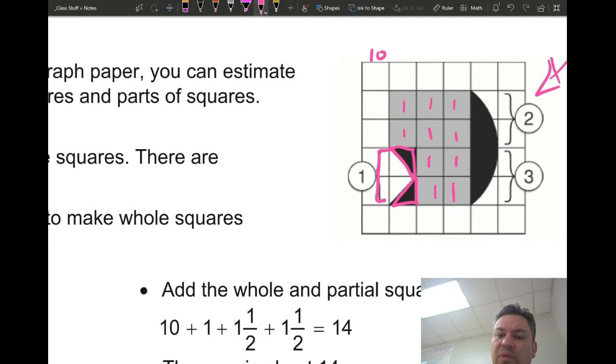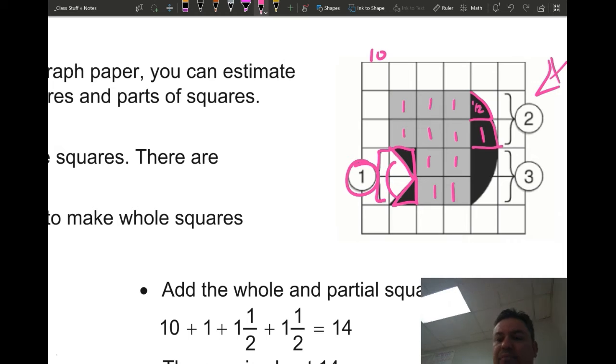So 2 of them, if you put them together, they're going to become 1 unit. And for these 2 right here, you're going to be estimating. This is almost a whole one, so I'm just going to call this 1. And I'm going to call this one 1/2. So this is also 1, and this is also 1/2.